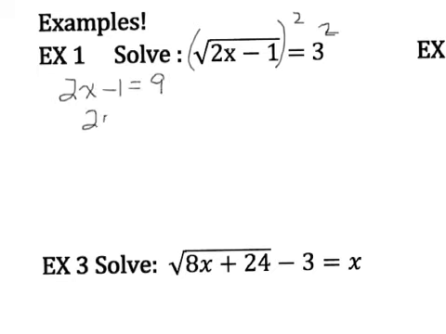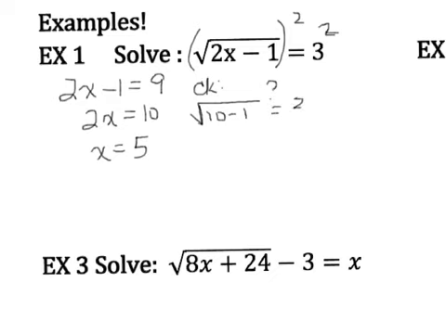And we're accustomed to solving problems like this, so x is 5. Now, the last step says that you need to check, and you really do need to check it. Whether you write it down or just do it in your calculator, you really need to check it. So is this equal to 3? Square root of 9 is equal to 3. So that one is checked and done, and this is our answer.